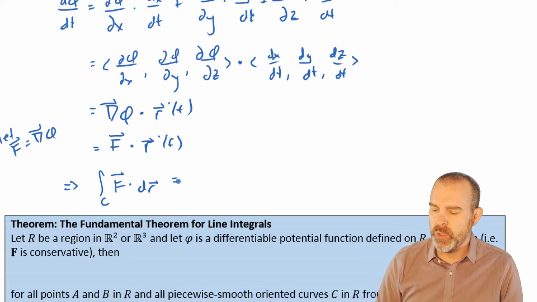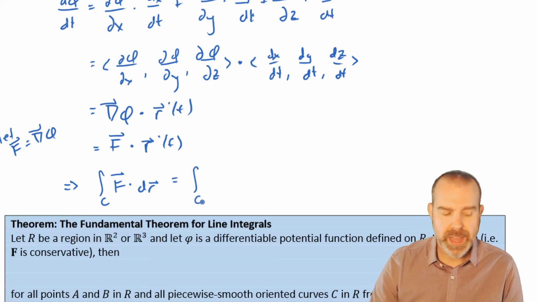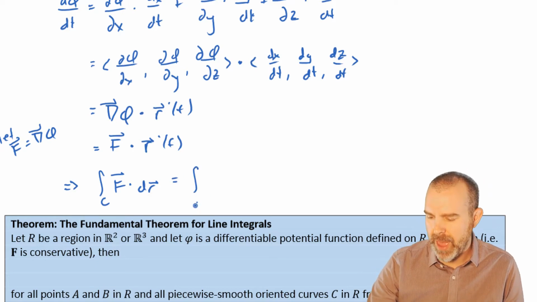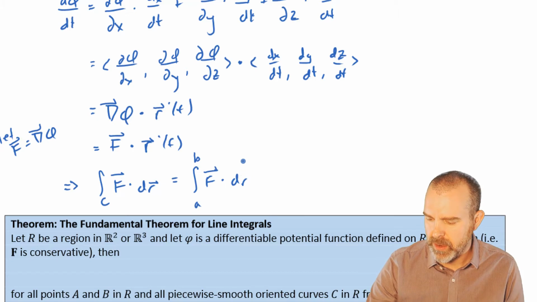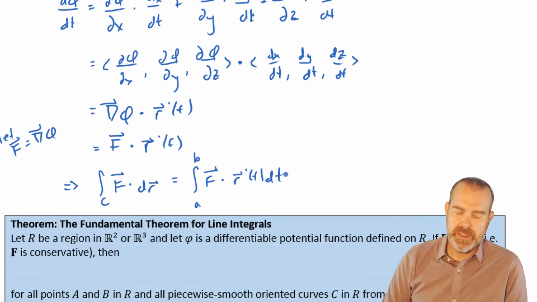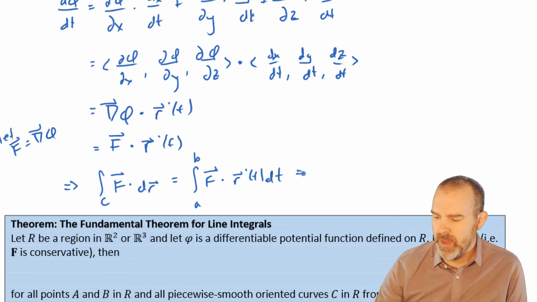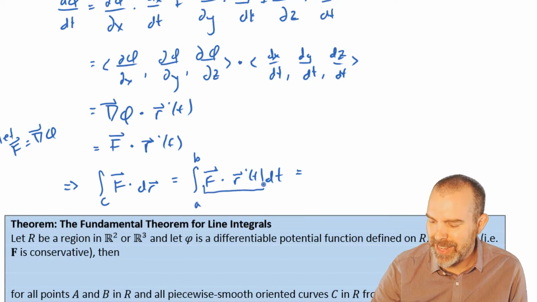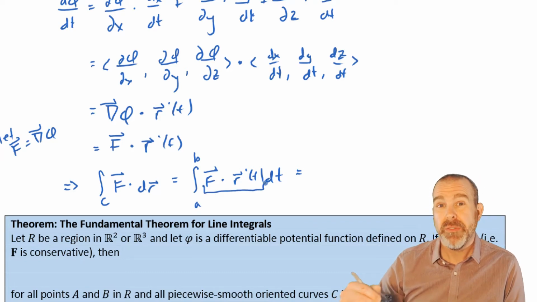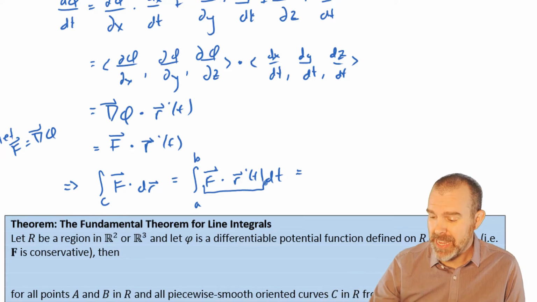this would be equal to the integral from a to b of our field f dot product with r prime of t dt. But that dot product is the derivative of phi with respect to t.